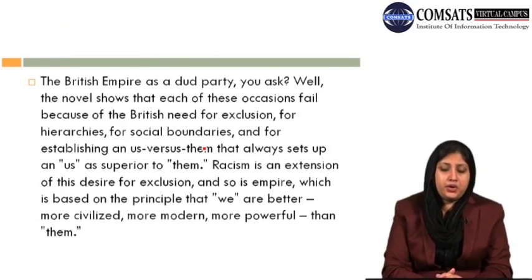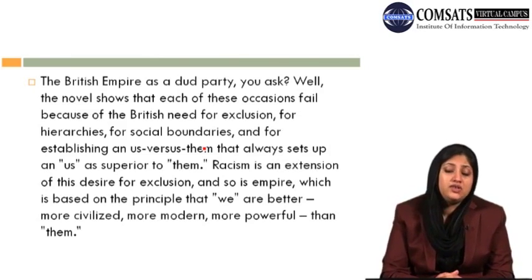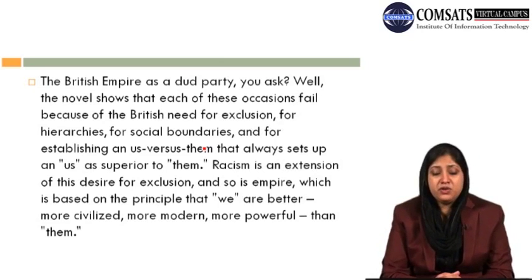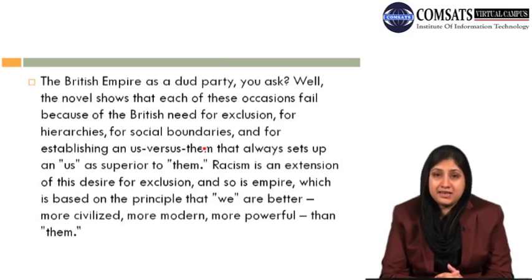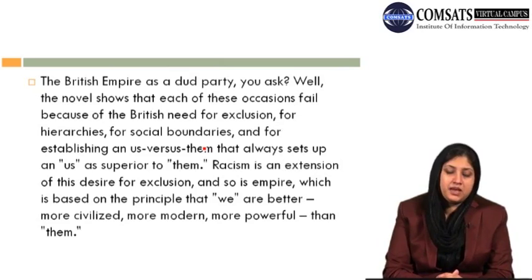The British Empire as a dud party, if you ask me. Well, the novel shows that each of these occasions fails because of the British need for exclusion, for hierarchies, for social boundaries, and for establishing an us versus them that always sets up an us as superior and them as inferior.